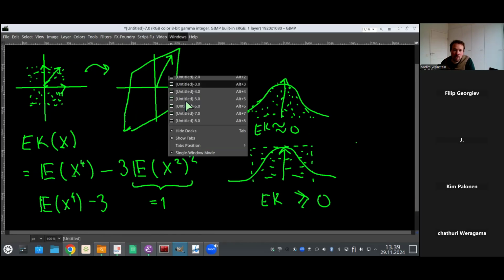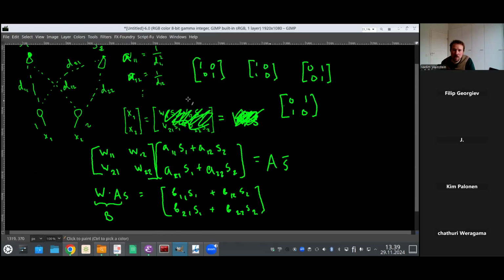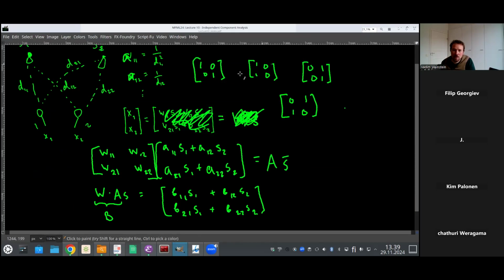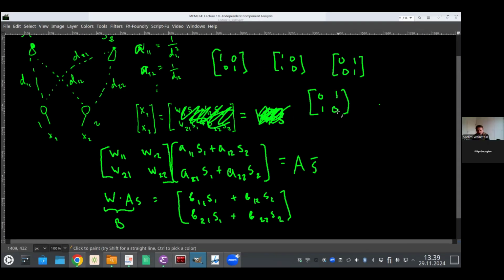So there's no other options than having one of these four matrices, and then you just do some very rudimentary analysis, and you're like, oh, it can't be this, it can't be this, it can't be this, so it must be this. It's like out of four different options.